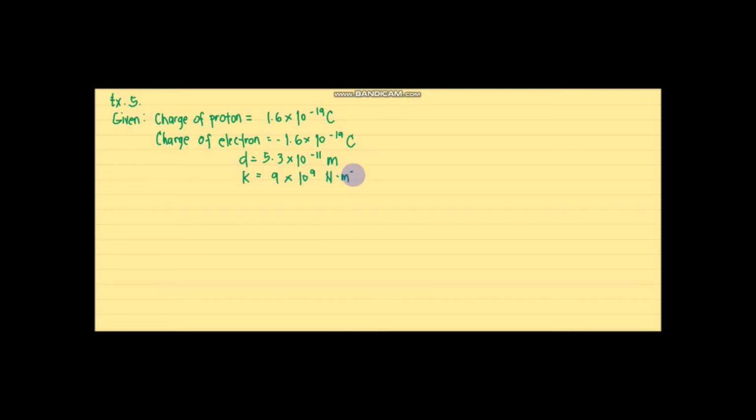For us to be able to get the electrostatic force, we have the formula electrostatic force equals the constant Q1 Q2 over D squared.